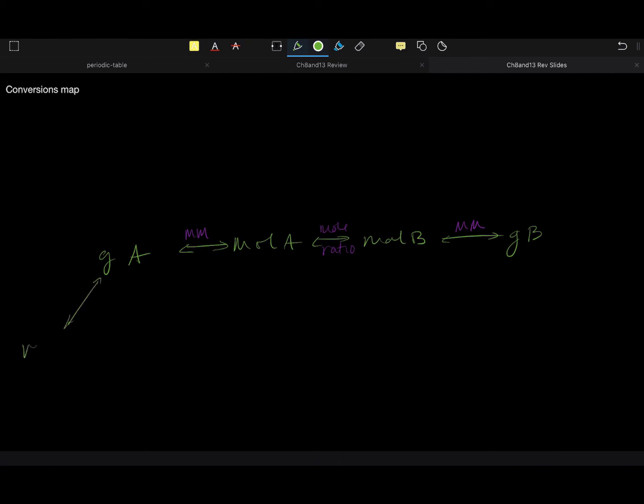I can talk about the volume of A, or I could talk about the volume of B, and that would be with density as my conversion factor.